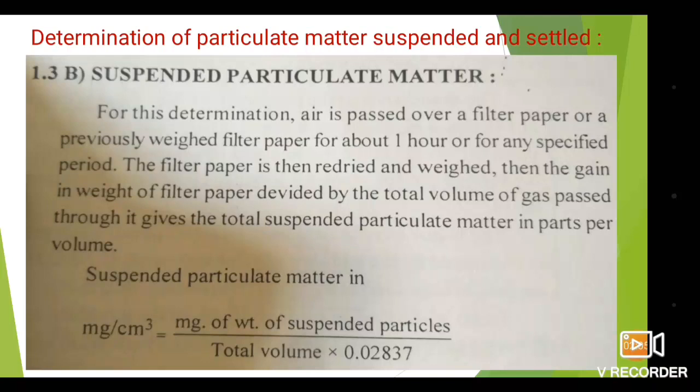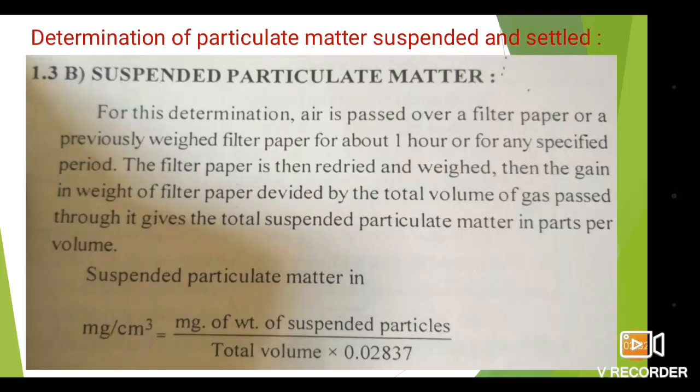Then what is the method for the measurement of suspended particulate matter? Firstly, take a pre-weighed filter paper, which is washed and dried, and pass the air for a specified period of time. It may be 1 hour or more than 1 hour, depending upon your air volume.